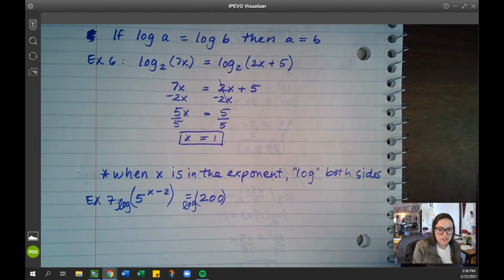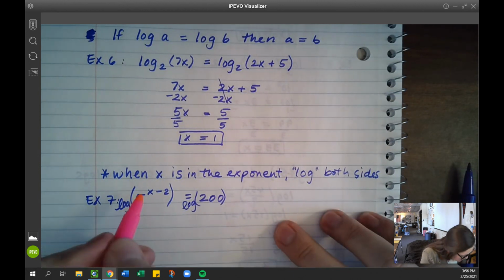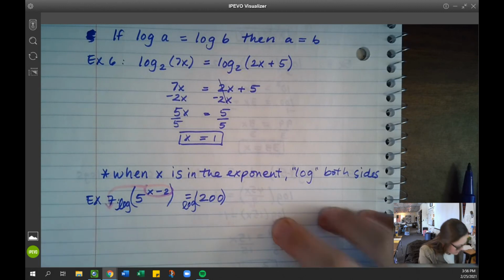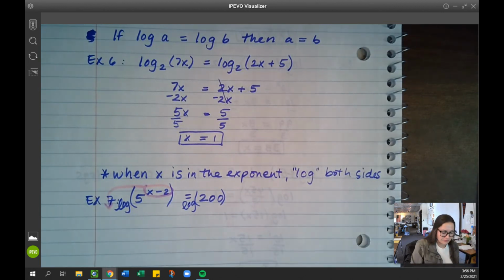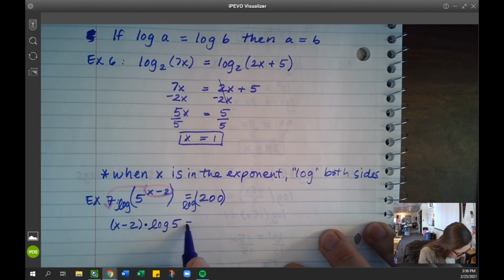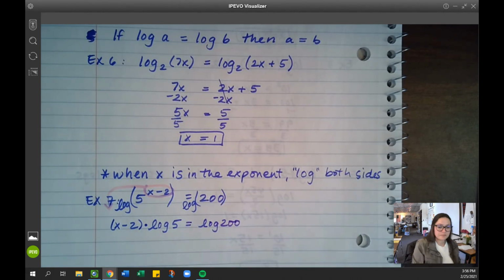Now I am going to use the property where I can bring an exponent down to the front. So I have x minus 2 times log 5 equals log 200.